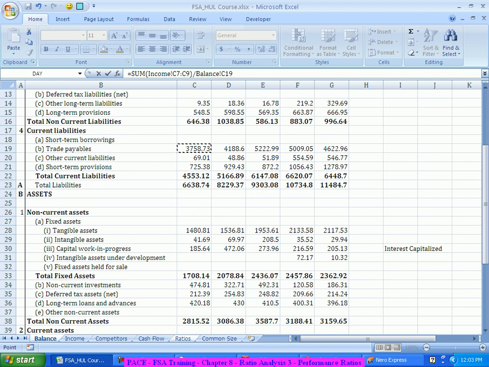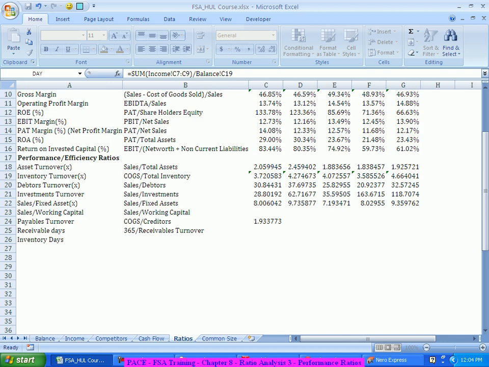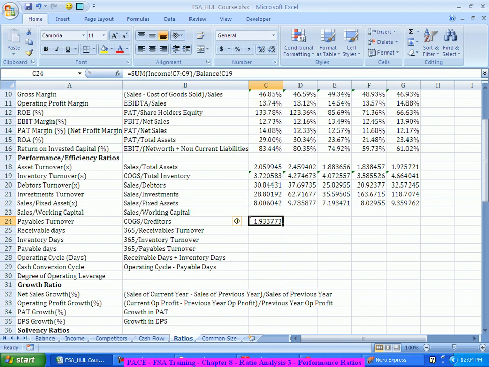These are your creditors. Right? So what do I say from this? For every 1.93 rupees of purchase I have done, 1 rupee is yet to be paid. I have paid only 0.93 rupees. 1 rupee is yet to be paid. So there is a huge amount which I am yet to pay.